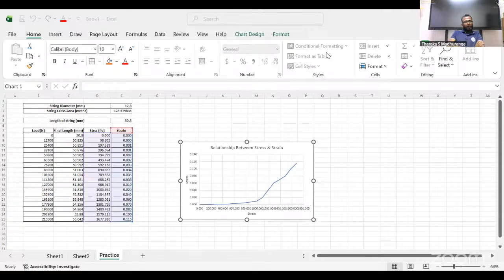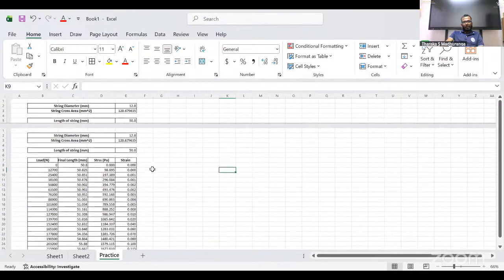Do I need to explain again how the dollar mark changes things? Okay, then I will delete this graph. Don't need it.